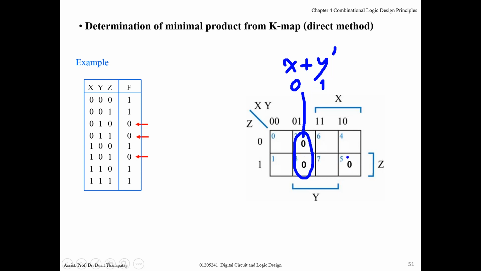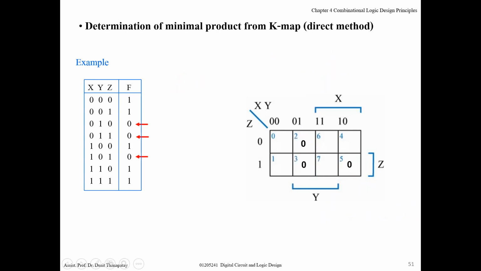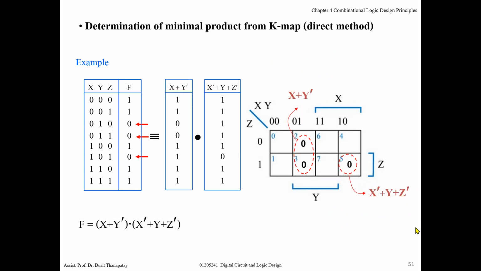And for this cell, its sum term is what? 1, 0, 1, right? So you can write it as x prime plus y plus z prime. So your function is then the product of these sum terms. That's all. Just an example, very easy.